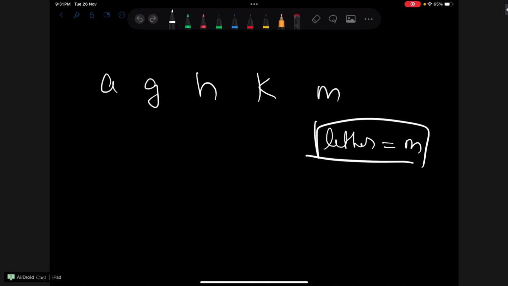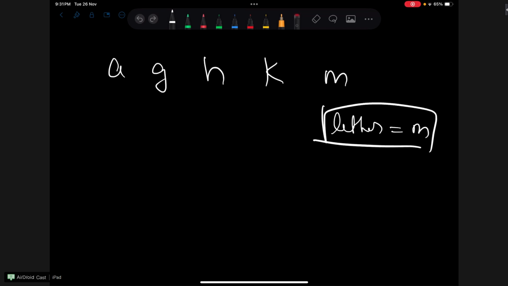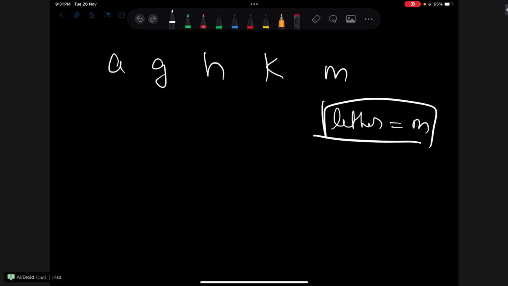I do not see it. Okay, in that case, the question clearly states that you should return the 0th index. Okay, so let's see if our program logic is able to handle it.